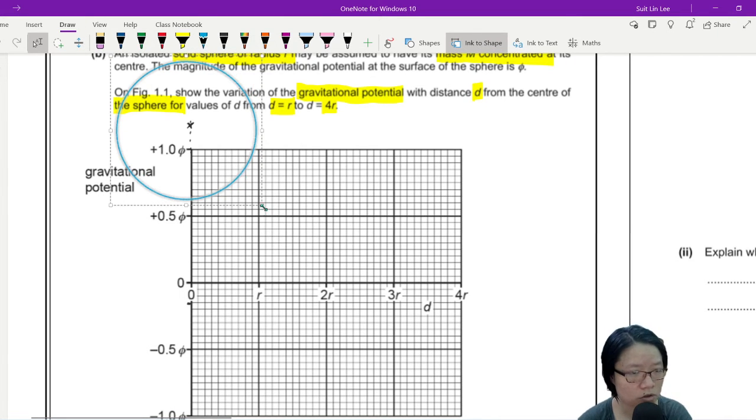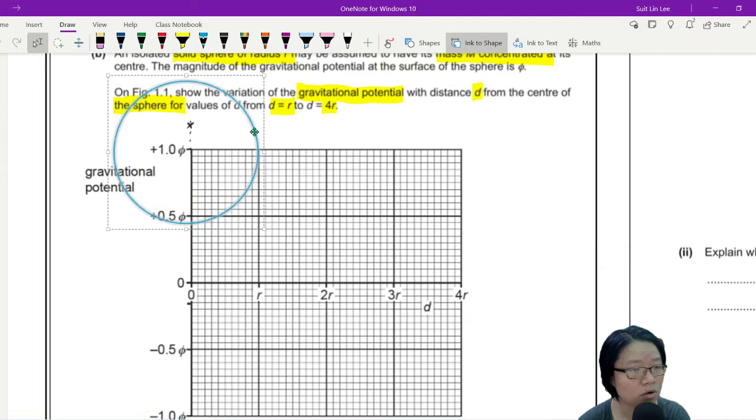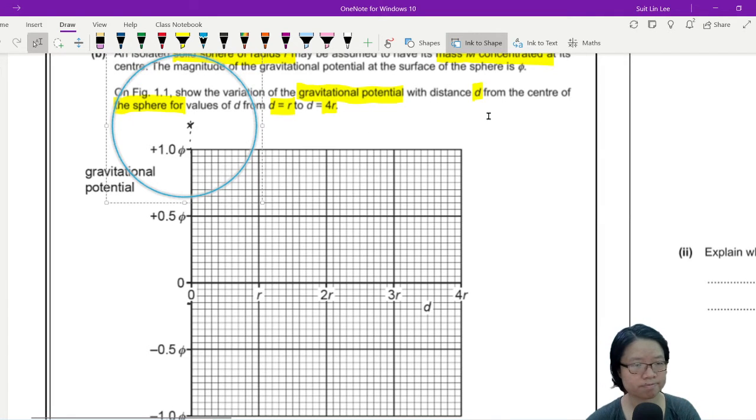The purpose of this is to give you an idea of how things are. So this is the radius, and I'm going to place it a bit higher. This part here will be on the surface, something like here.